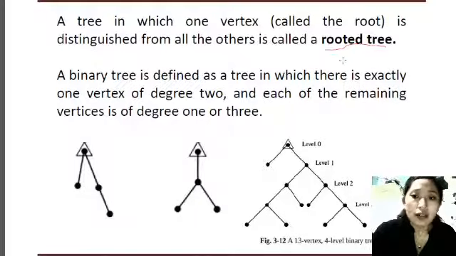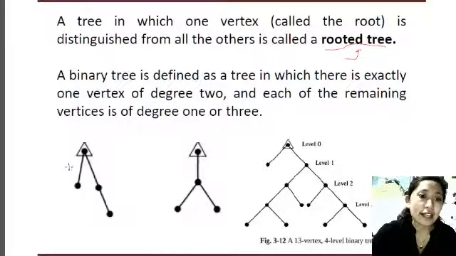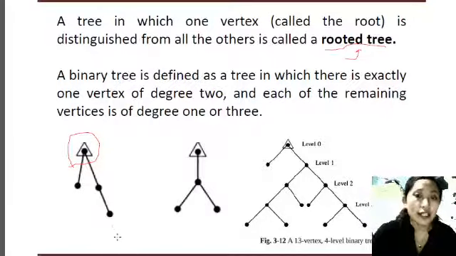So what is a rooted tree? A rooted tree is a tree wherein one of the vertices has some special property in comparison to other vertices. For example here, I can consider this vertex as the root. Maybe it has some characteristics which are not present in other vertices. So in this example, this particular vertex is a rooted vertex.